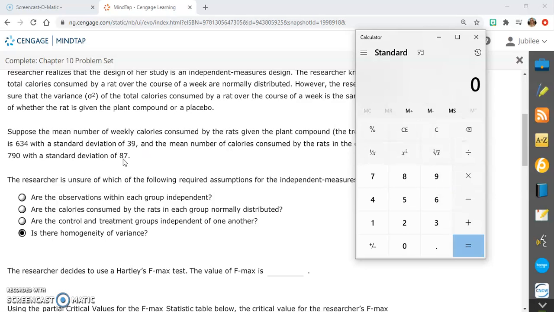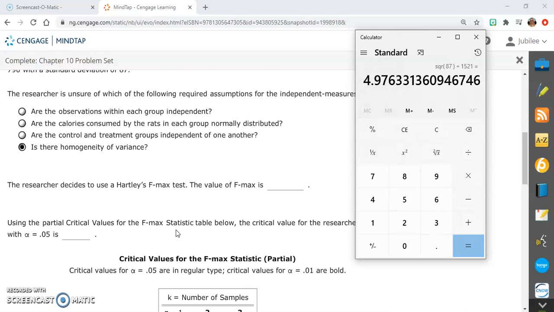So the largest one is going to be this one, and so I'm going to do the other one first. So I'm going to do 39 squared, and I get 1521. Now I'm going to do 87 squared, and I get this number. So I'm going to divide by the variance that I got a minute ago. So basically I take each standard deviation, square them, and I divide the bigger one by the smaller one. I end up with 4.97.